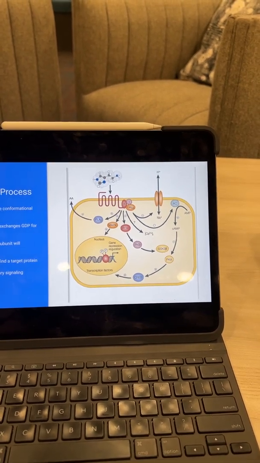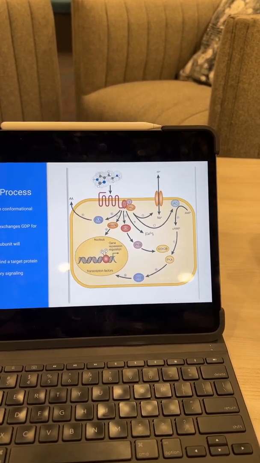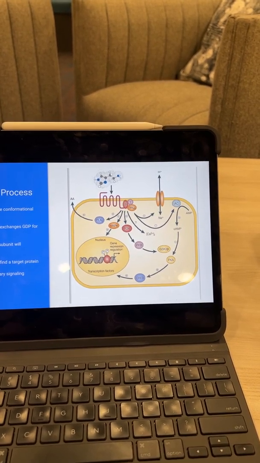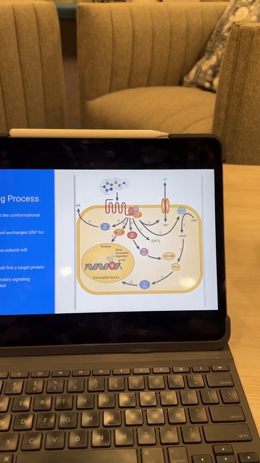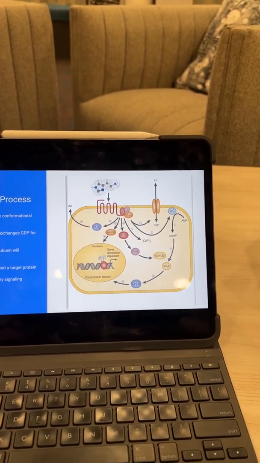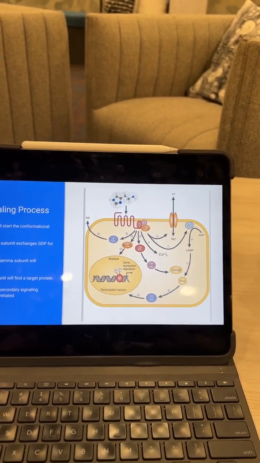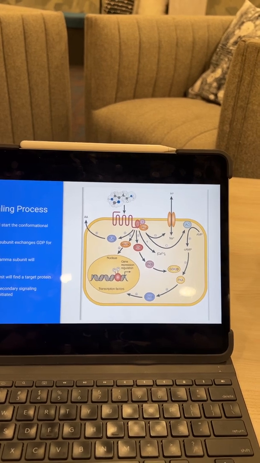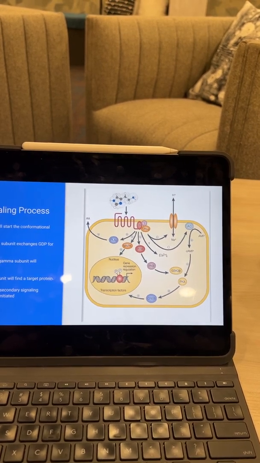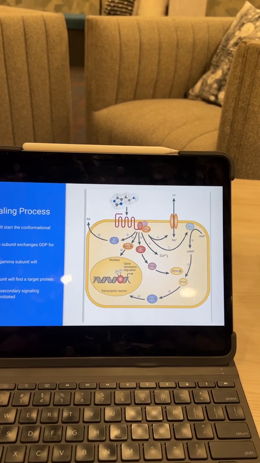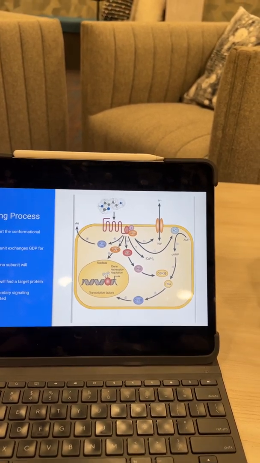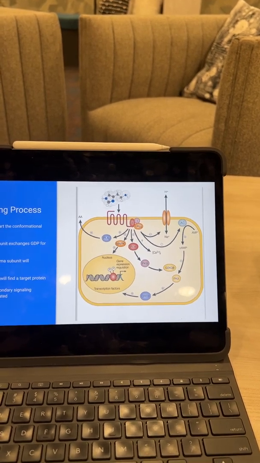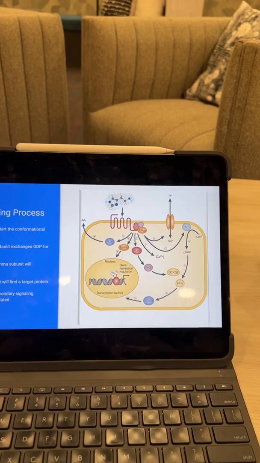And then after that happens, the beta and gamma subunits will dissociate from the alpha subunit, and the alpha subunit will find a target protein, and then the target protein will take the energy that comes from the GTP, breaking that down into a GDP, and that target protein will release a secondary messenger, and that secondary messenger will create a unique signaling response throughout the cell to do a specific function throughout the cell.